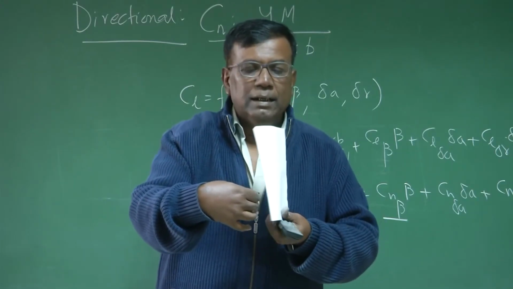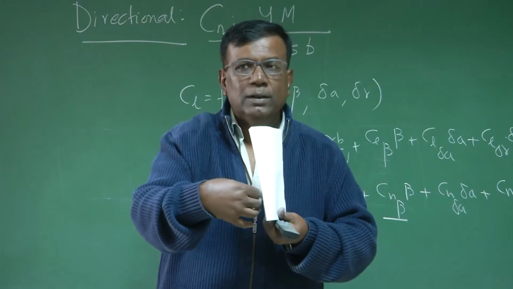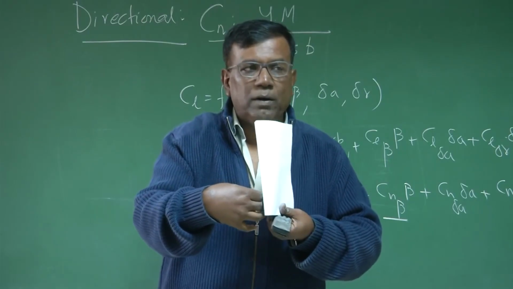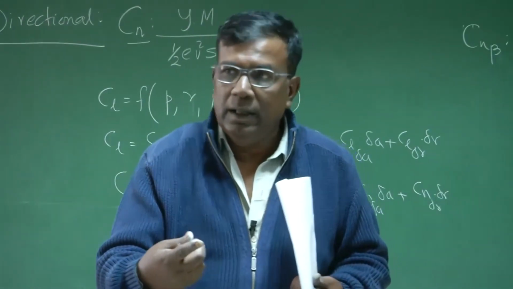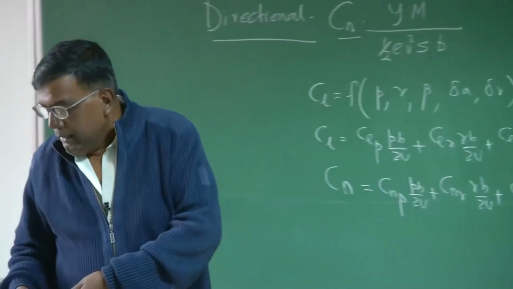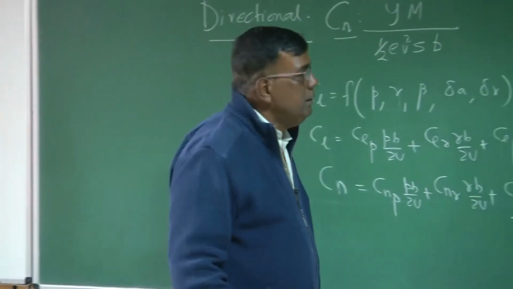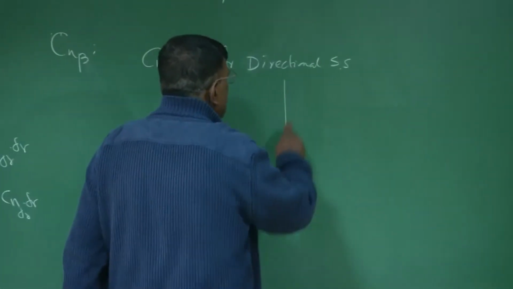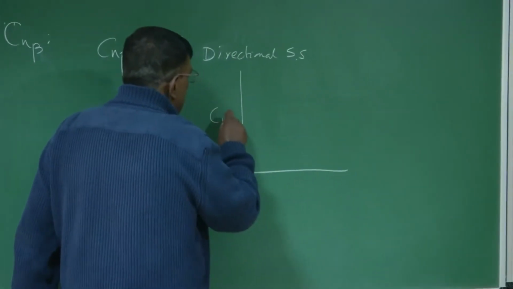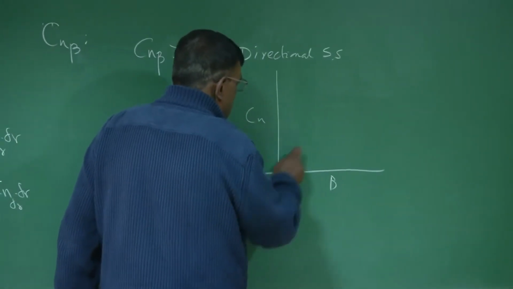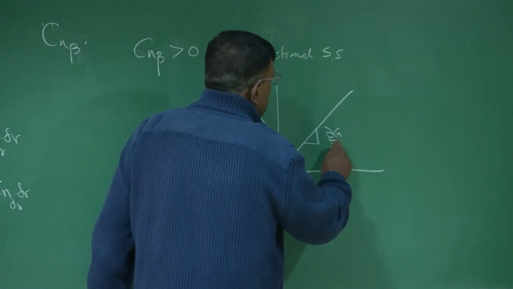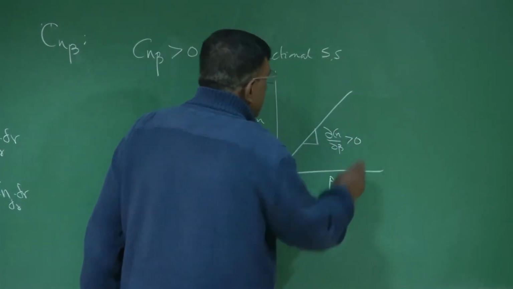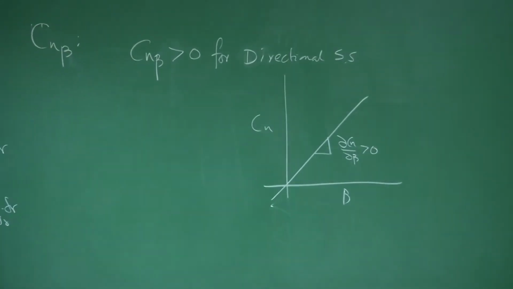Beta will become 0. So it should have a natural tendency to come back to the equilibrium. To have that, the right wing has to go back. So for a positive beta, Cn should be positive. So Cn beta should be greater than 0. Clear? If you recall earlier lectures, if I plot Cn versus beta, the slope should be positive. dCn by d beta should be greater than 0 for the directional case.